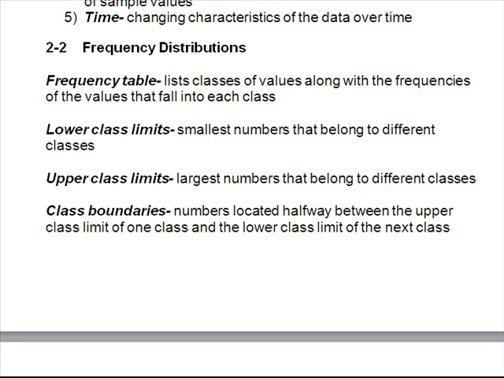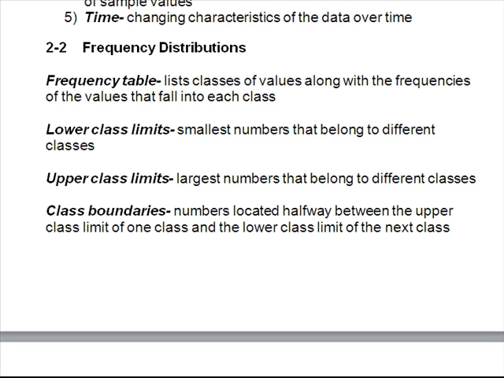A frequency table lists the classes of values along with the frequencies of the values that fall into each class. We have the lower class limits, which are the smallest numbers that belong to different classes. We also have the upper class limits, which are the largest numbers that belong to the different classes.